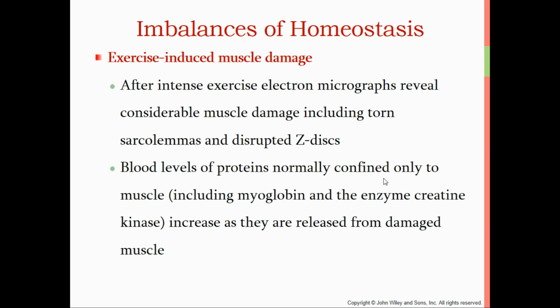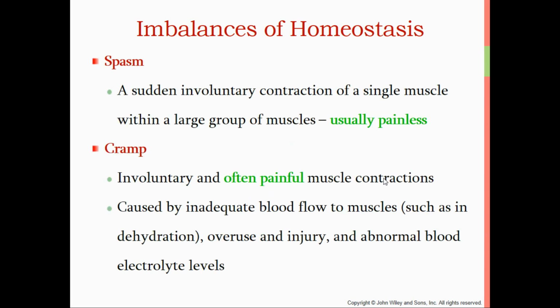Blood levels of proteins normally confined only to muscle, including myoglobin and the enzyme creatine kinase, increase as they are released from the damaged muscle. So basically that means there's a small amount of internal bleeding. And that can really mess up the homeostatic balance of that tissue.